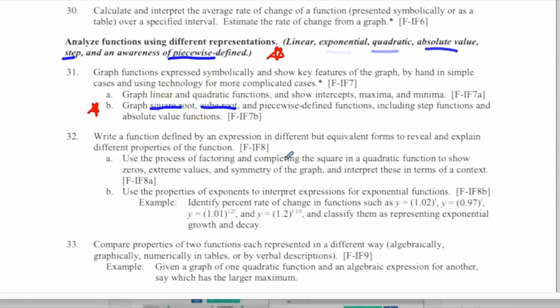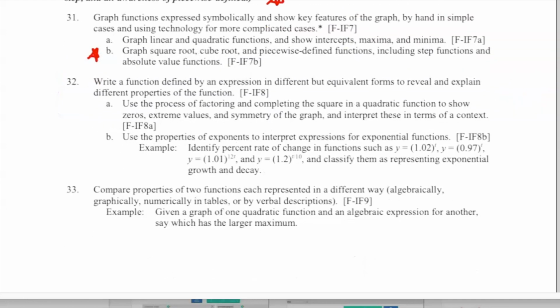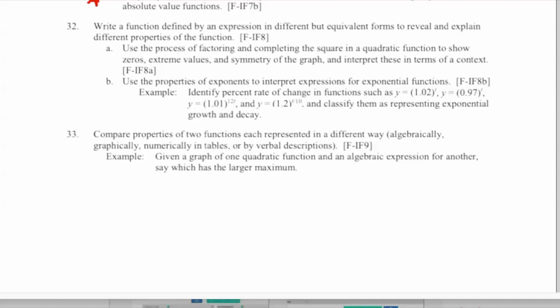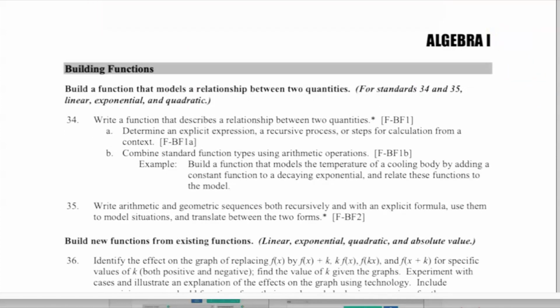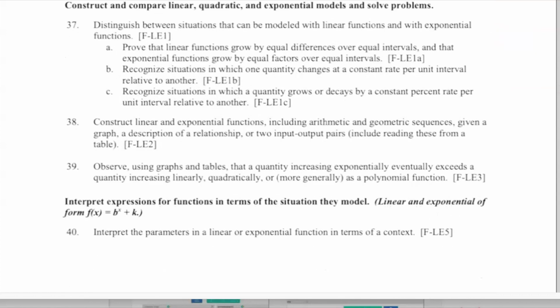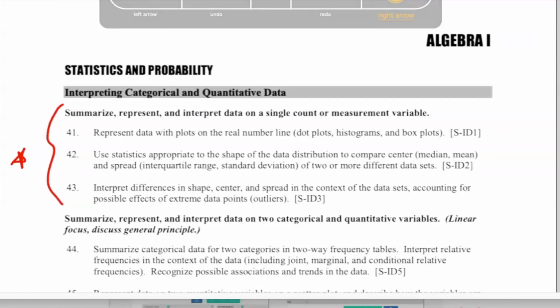So that was some kind of confusion when you read through this standard, because this same standard might have been in Algebra 2 or pre-calculus, exact same wording. The only difference might have been the italics. Well, the new course of study has eliminated a lot of that confusion. They took some steps, which we'll go over once we look at the new course of study, to eliminate that confusion. So as we continue on, no major changes on that page.